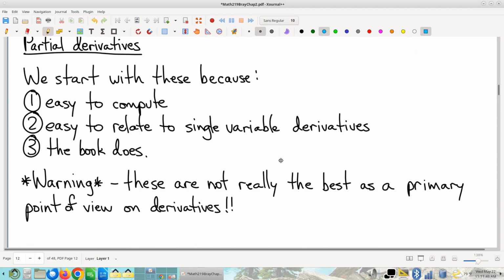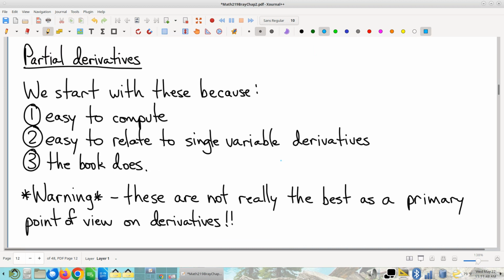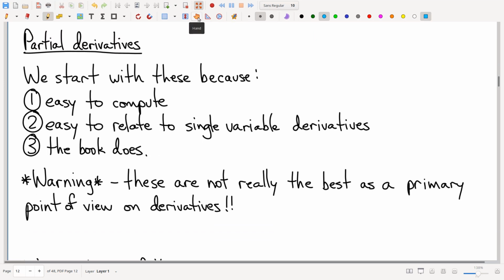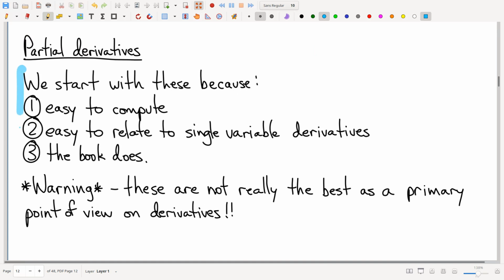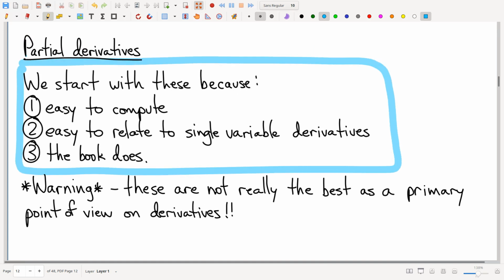Now I'm going to start with partial derivatives, and not really because I want to. I'm going to start with partial derivatives for what I'll call logistical reasons. The book does it this way, as do most multivariable books.